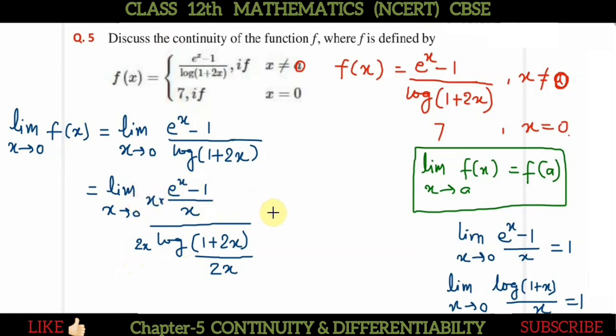Fine. Now we can write this limit, and this x and this x will get cancelled out.